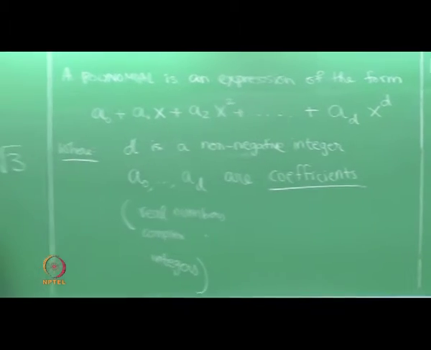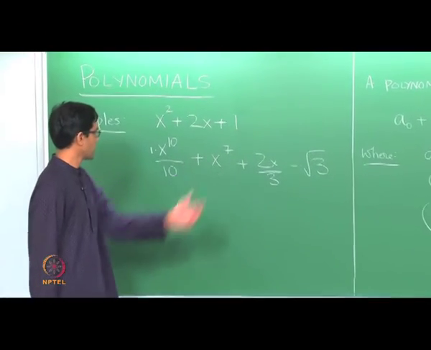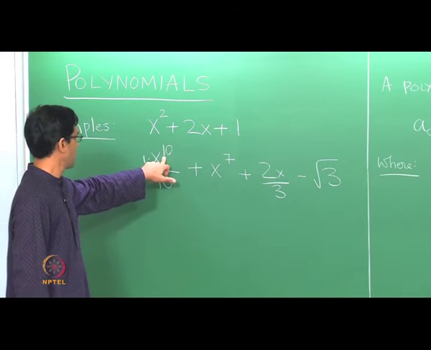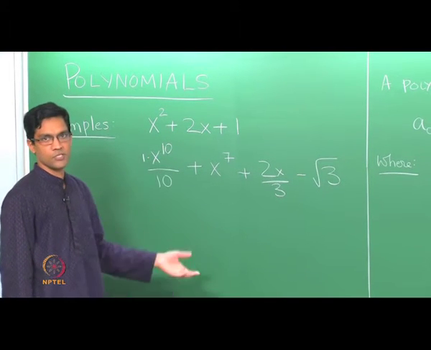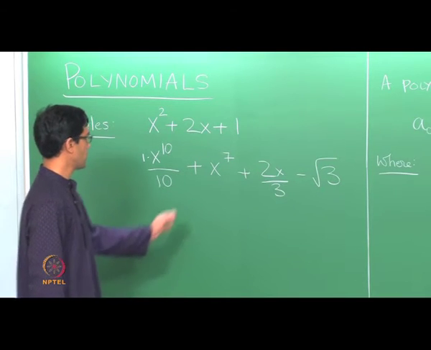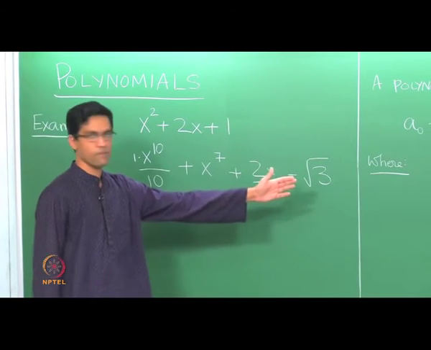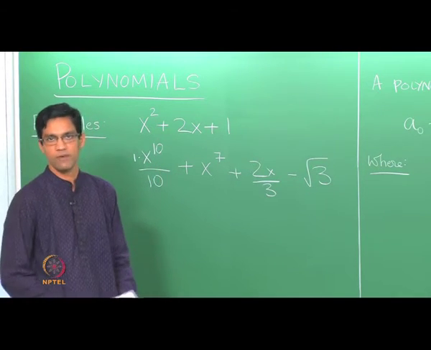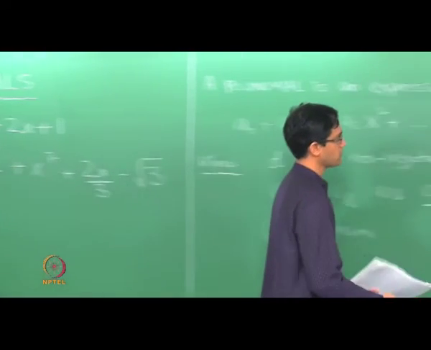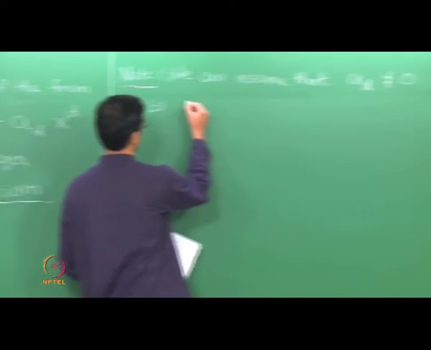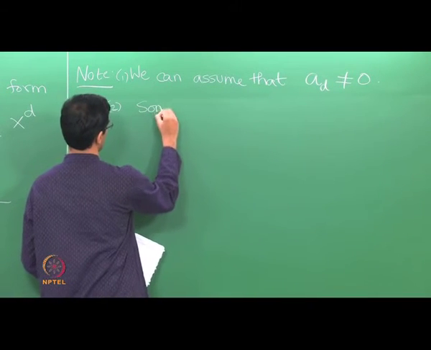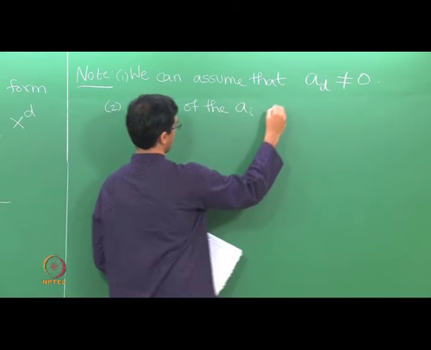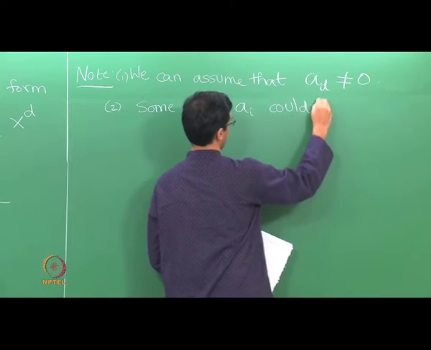For instance, in the second example here, the degree d is 10 because it is the largest power of x which appears, but you do not really have all powers of x appearing. You do not have x power 9, you do not have x power 8 and so on. So some of the ai's could be 0, there is no problem with that.